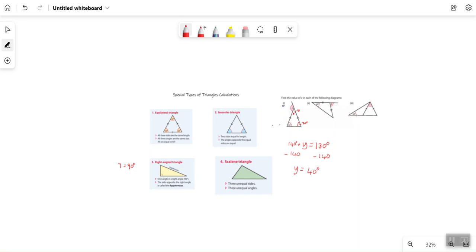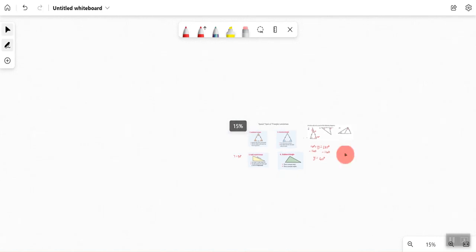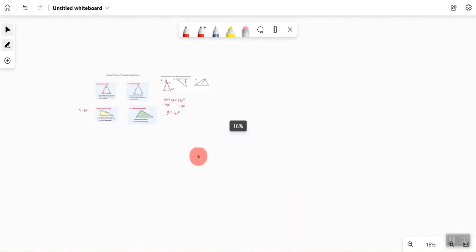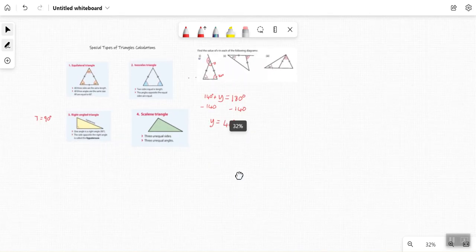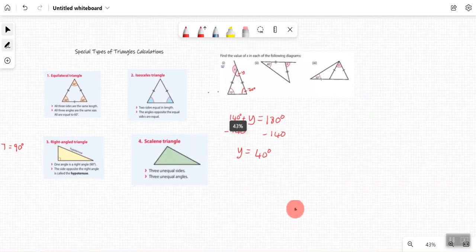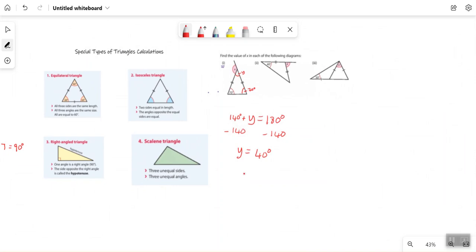So that's what y is, this angle up here. Now we want to find out what x is. If y is equal to 40, then x plus y have to equal 180. So we can say that x plus y both have to add up to 180 degrees.